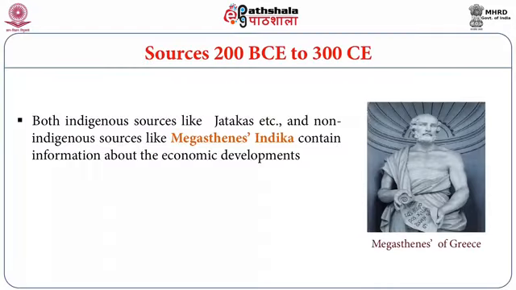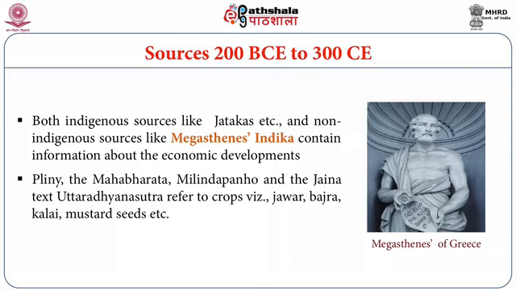Both indigenous sources like Jatakas, etc., and non-indigenous sources like Megasthenes' Indica contain information about the economic developments. Pliny, the Mahabharata, Milinda Panha, and the Jaina text Uttaradhyayana Sutra refer to crops, viz. jowar, bajra, kolai, mustard seeds, etc.